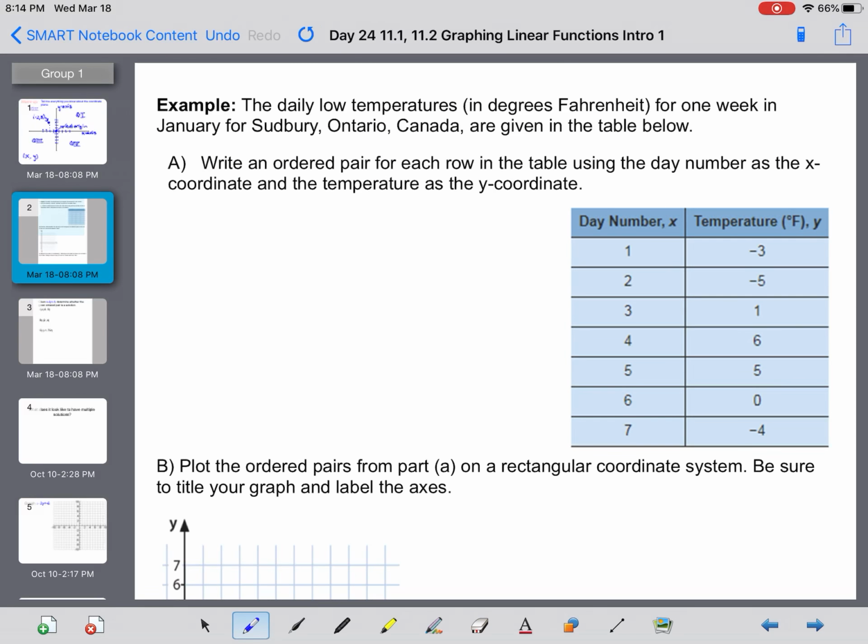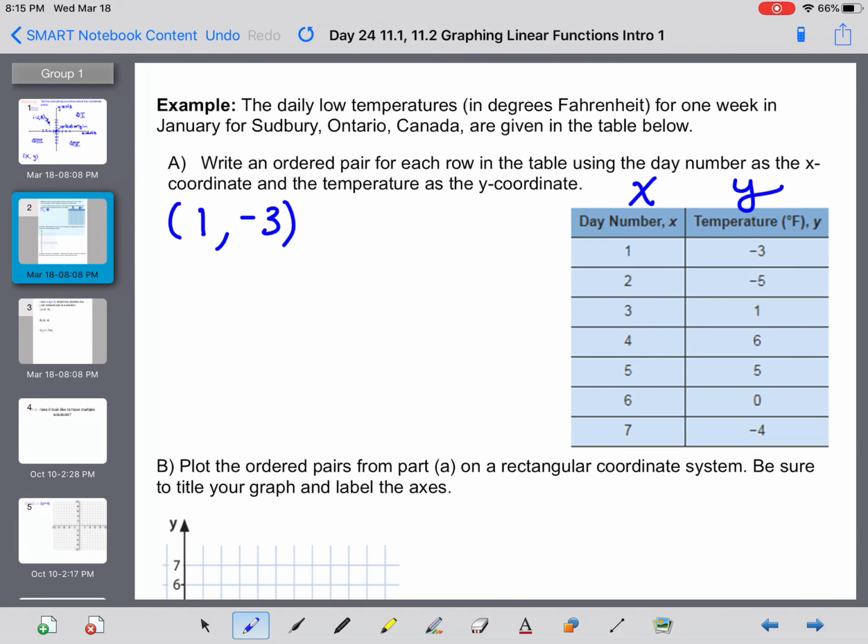All right, I want you to take a look at the first example. What I want you to do is write an ordered pair for each row in the table using the day number as the x-coordinate and then the temperature as the y-coordinate. So you can just think of this as an XY table right here. Maybe I'll make a big X and Y right above it. And I'm just going to start writing the ordered pairs. So for example, on day 1, the temperature was -3 degrees.